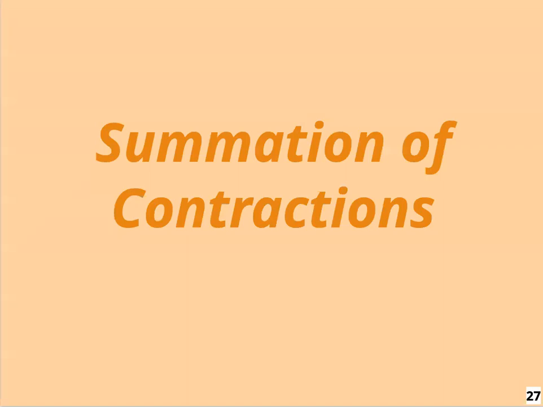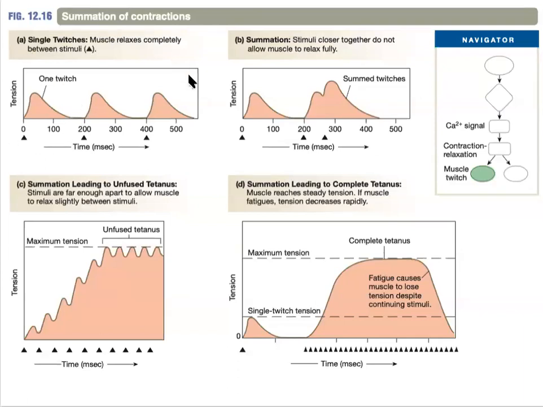Let's now take a look at summation of muscle contractions. In the first part of this diagram, we see single twitches representing stimuli that are separated quite a bit in time.